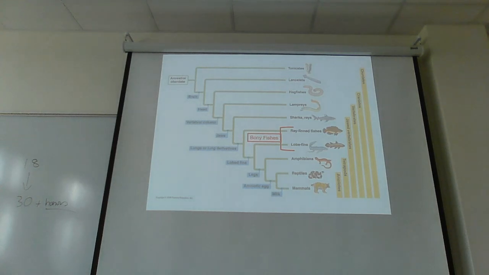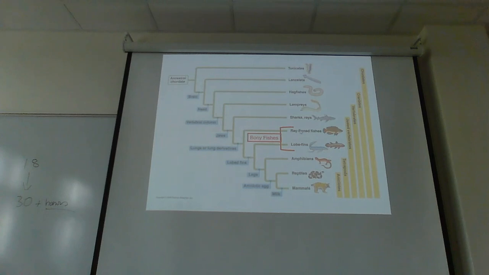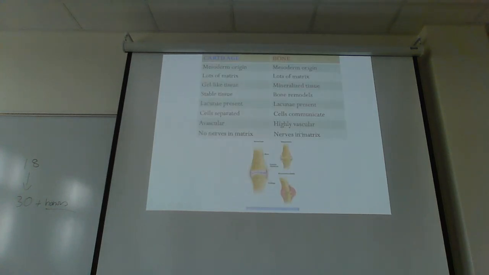They're so interesting to talk about. First of all, I want to give you an overview, as I told you a minute ago, of the differences between cartilage and bone. Cartilage is flexible, a kind of gel-like tissue, while bone is a mineralized tissue. That's the first difference, and that's what makes bone very hard.